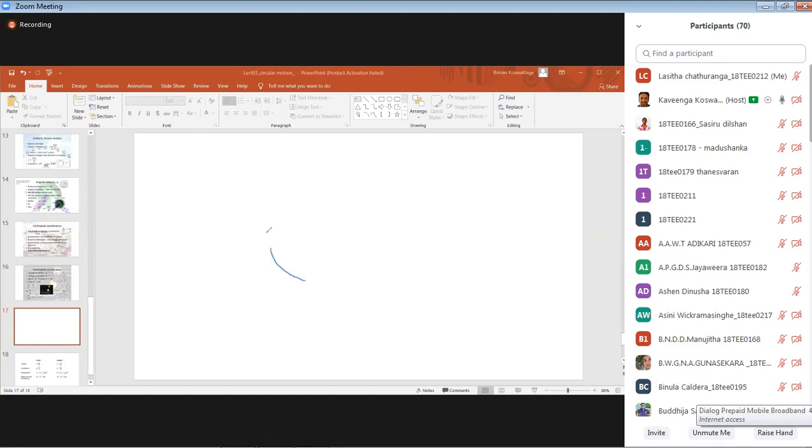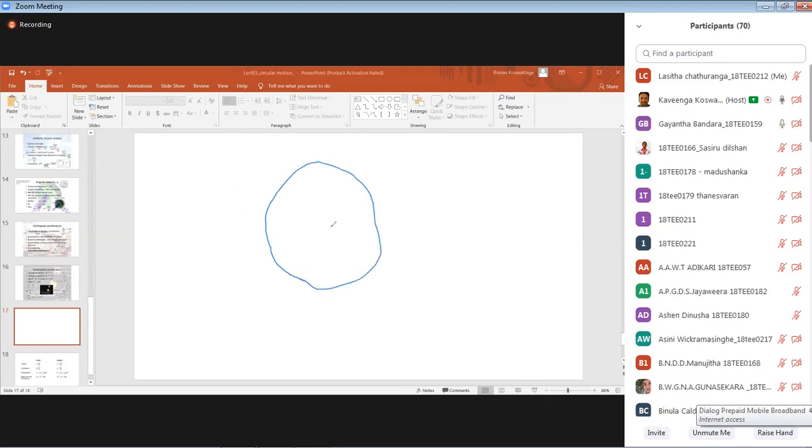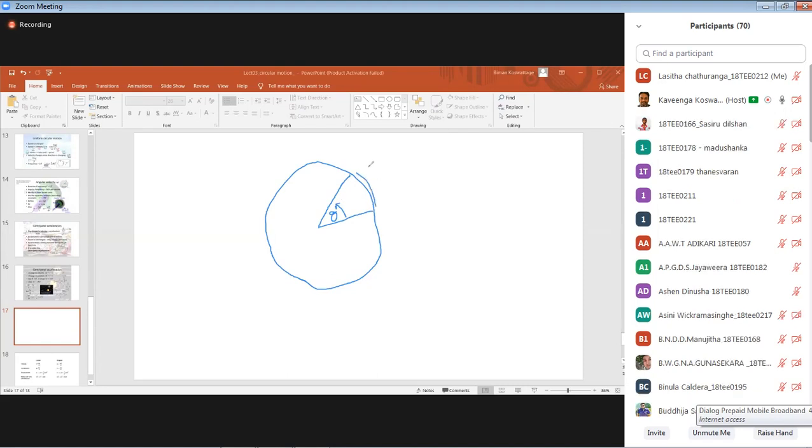It's all about circular motion. It means that we have a circle, and then we have an angular displacement, which is theta. If the arc length is s and the radius is r, you can write theta as s divided by r.